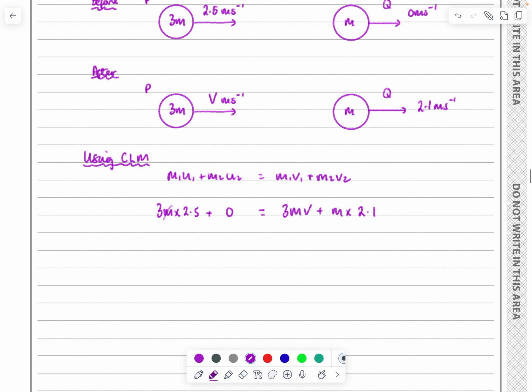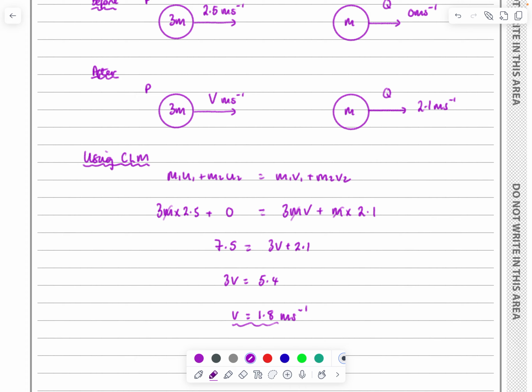We can cancel out all the m's at that stage if you want to, but it's going to be straightforward. 7.5 works out to be equal to 3v plus 2.1. So 3v works out to be equal to 5.4, which means that v works out to be equal to 1.8 meters per second.